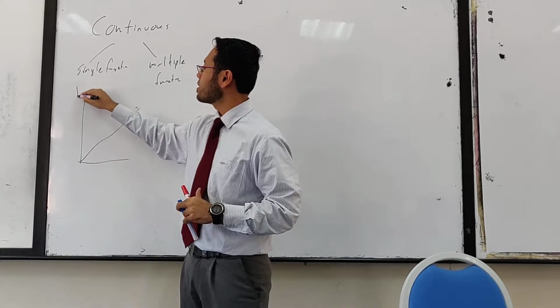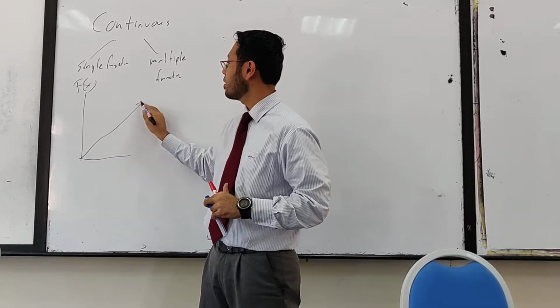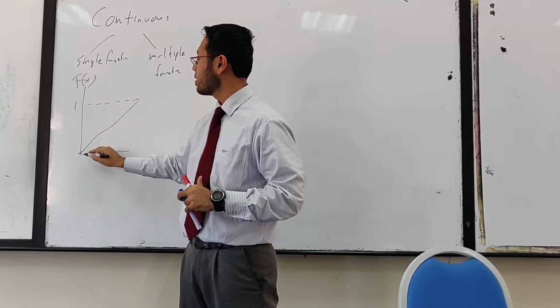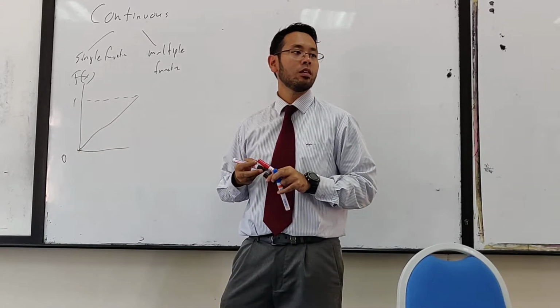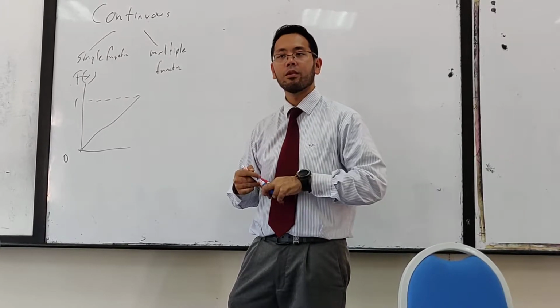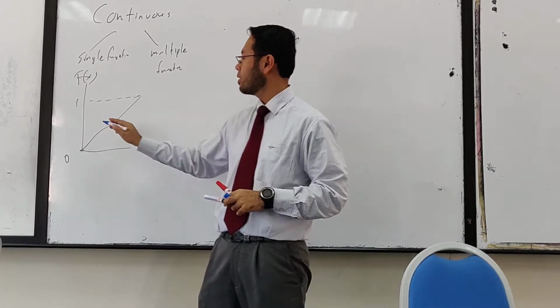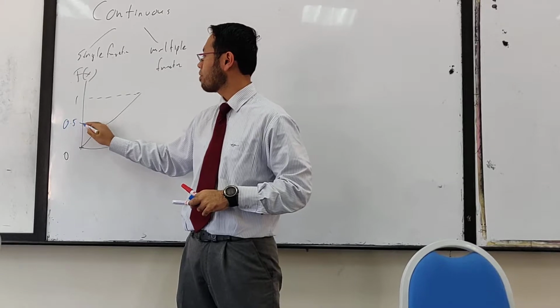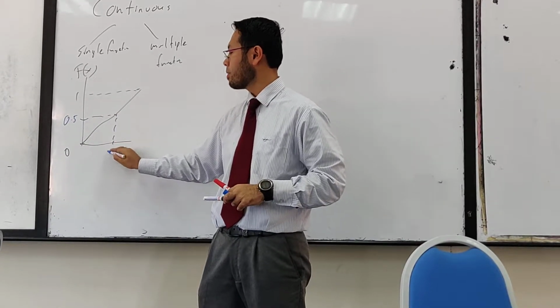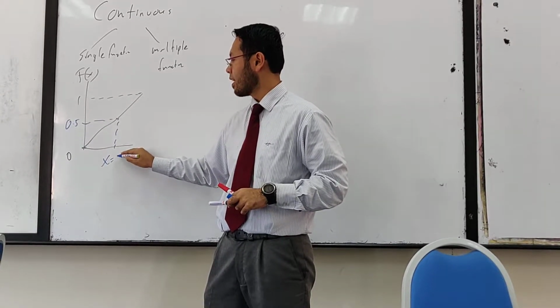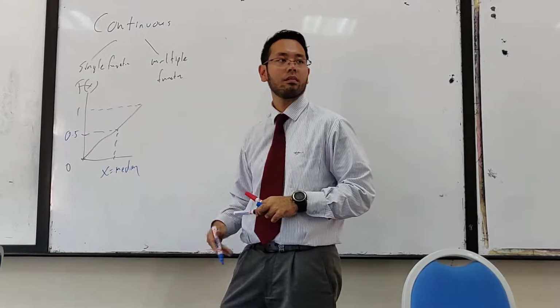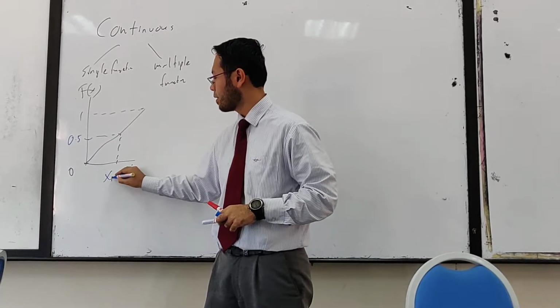And we know if this is fx, big F, the maximum is 1, the minimum is 0. What about the median? We have discussed briefly the other day. 0.5, then it's not much of a problem, then you get yourself the x median.